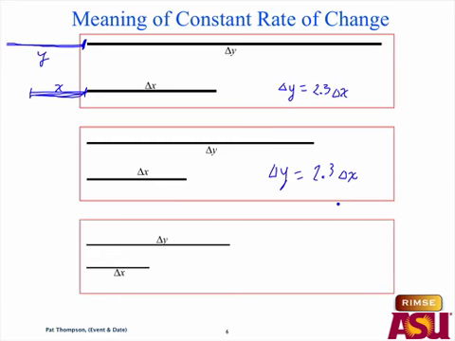How about here? The change of y is still equal to 2.3 times the change of x. Do they look like they all have the same relative size to one another? That would be illustrating constant rate of change because they all have the same relative size to one another.